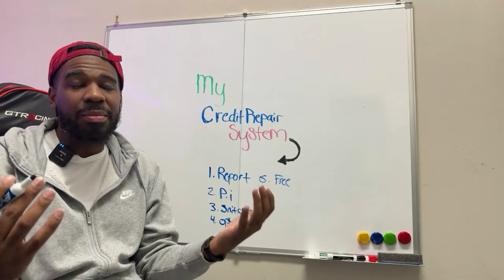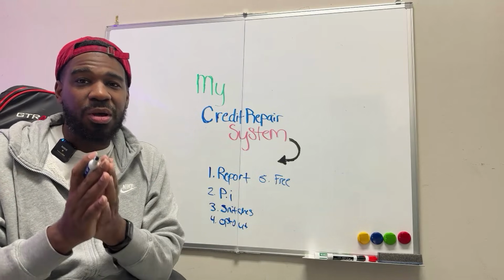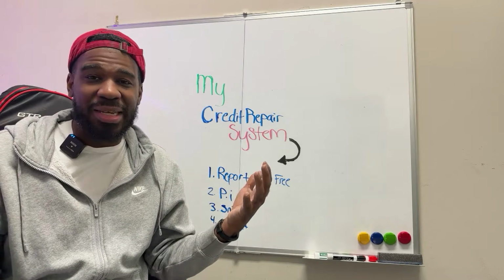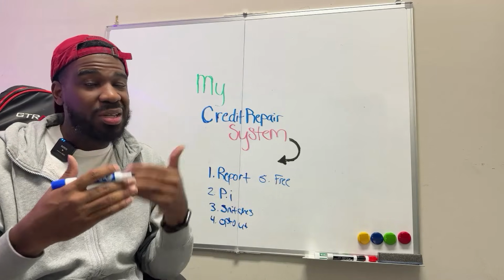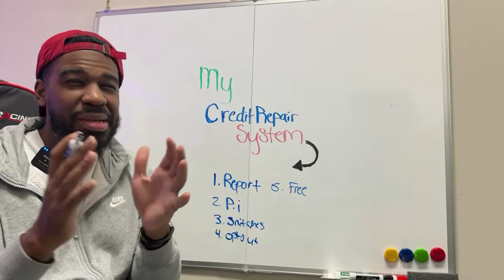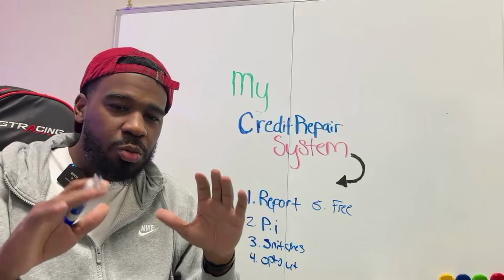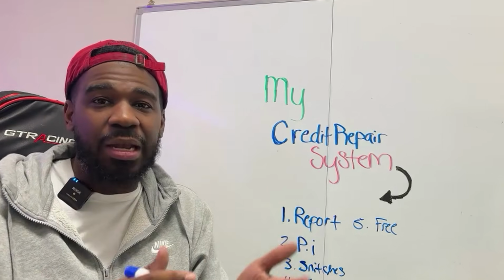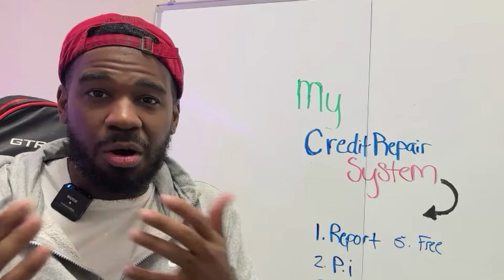Now, we already know that most likely they're not going to do a proper investigation. So in round 2, some of those accounts are going to come back verified, right? But in between that time, you also want to be checking to see if you need to add some positive accounts on your report.